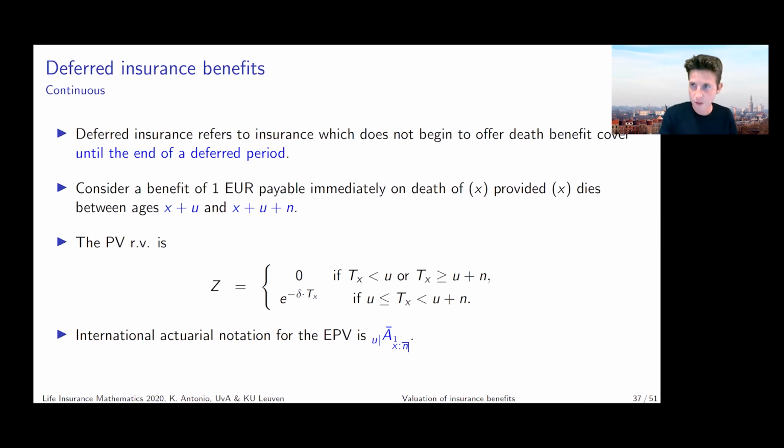The x is the age of my policyholder. The n is the duration of the cover, the duration of the period during which the cover is guaranteed. And the fact that I've got the 1 on top of the x here refers to the fact that I'm looking at a term insurance contract. So that's how this notation is being put together.